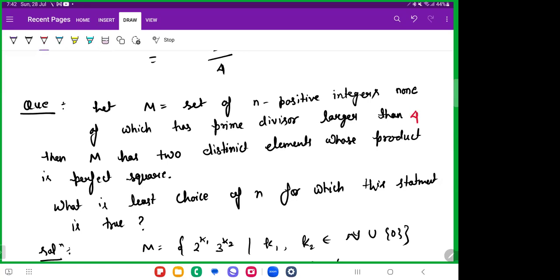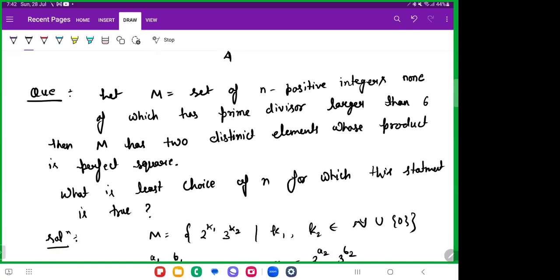This is a similar calculation for 6 also, right? And what modification can we do to this? Another question I can ask from this question is, what is the least choice of n for which this statement holds?